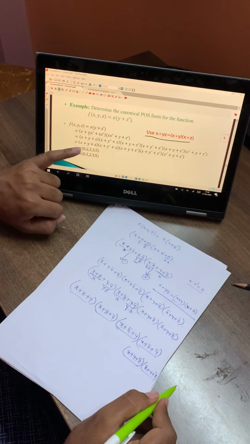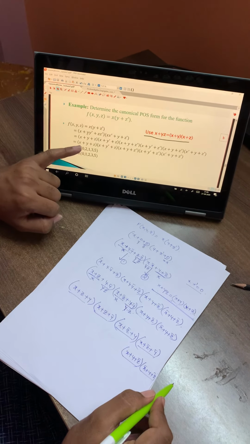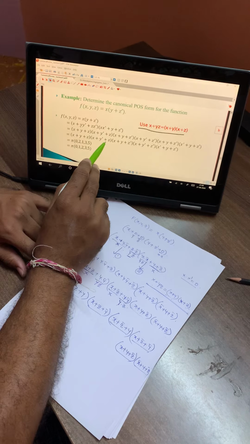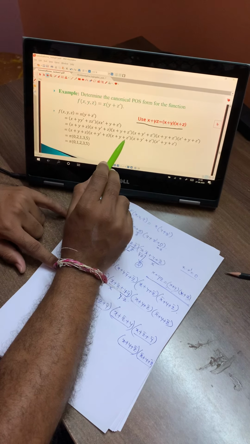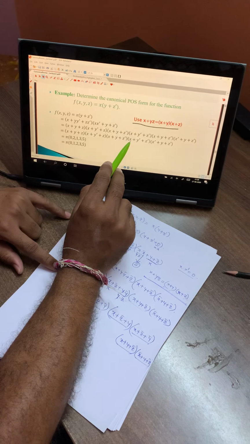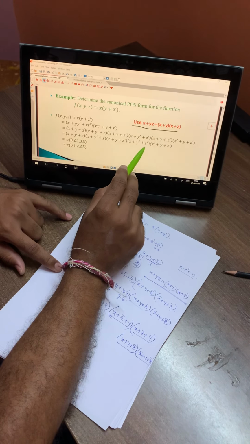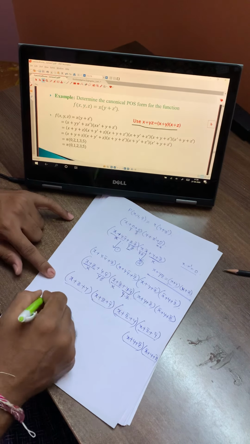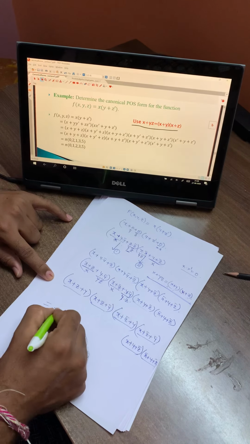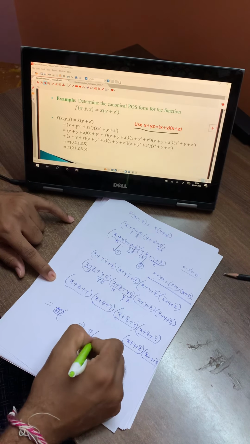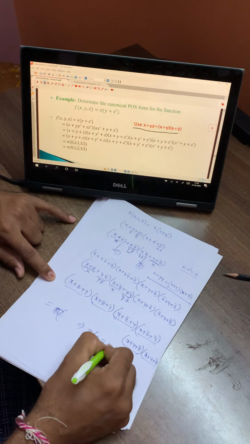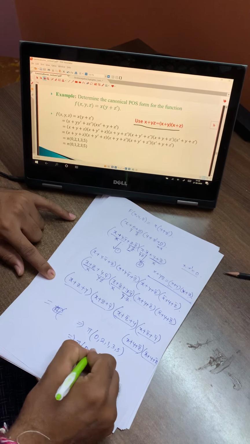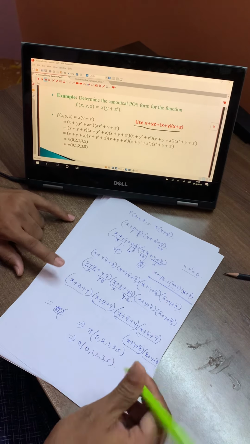So in canonical standard POS form, the original x plus y plus z is taken as 0, and so on. So we get Pi of 0, 1, 2, 3, 5.